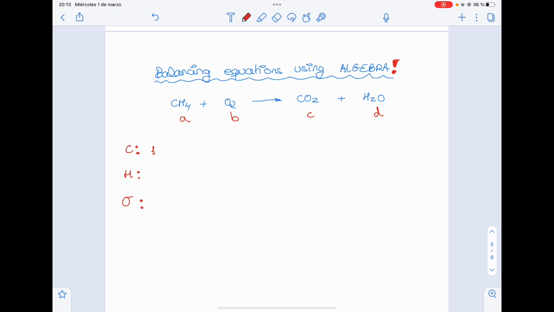In A, I have 1A. As I have 1 in A, I can already put only A, okay? And then in B, I don't have any carbons. In C, I have only 1 carbon, so I'm going to put that A is equal to C.